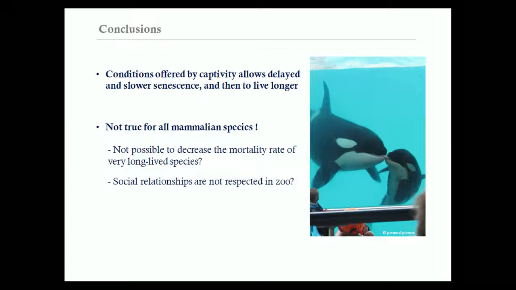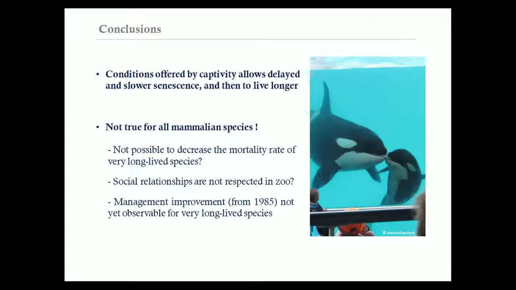A second possibility could be that long-lived species are often social species, and in captivity, maybe important social relationships are not respected due to management reasons, and this can be associated with stress, which is detrimental for the organism. And finally, management improvement began in 1985. So maybe for very long-lived species, this improvement of captive conditions is not yet observable on their survival and longevity.